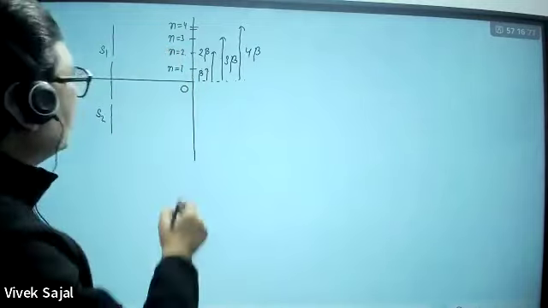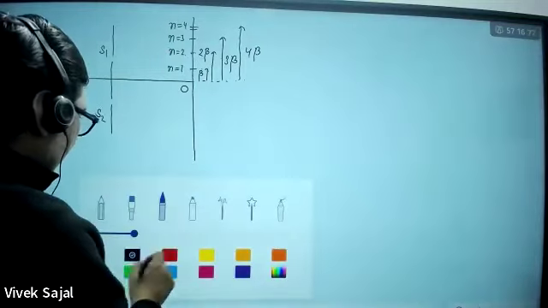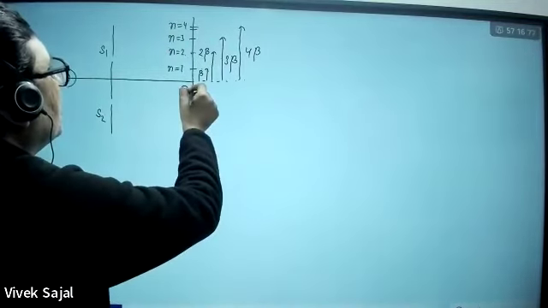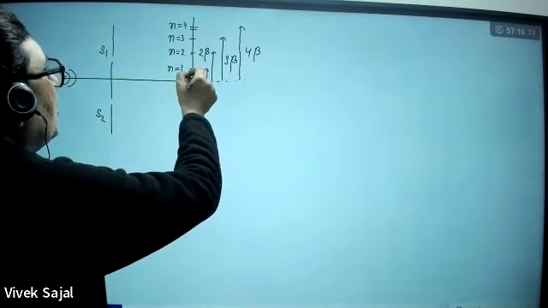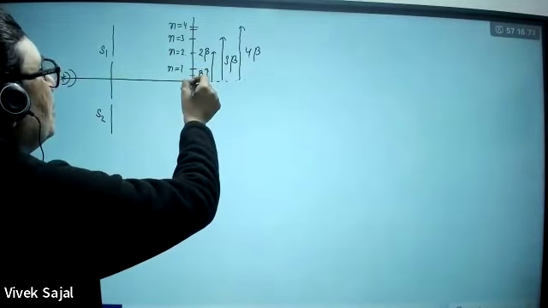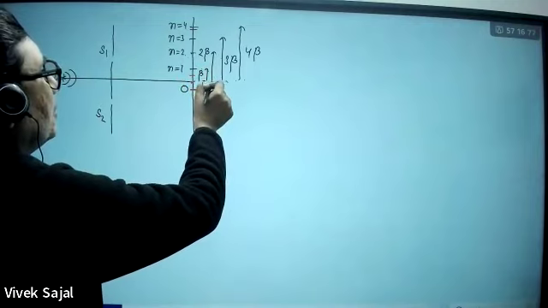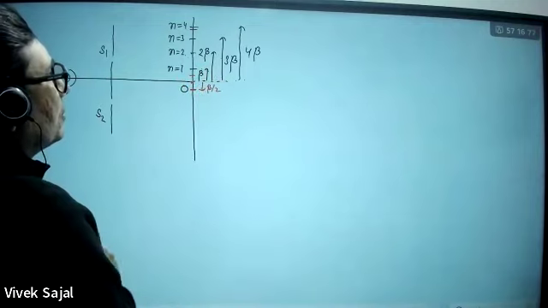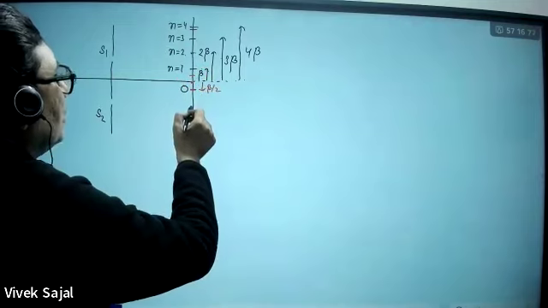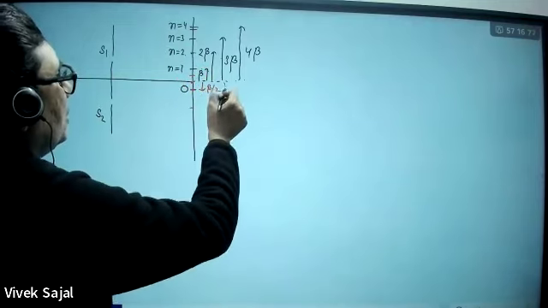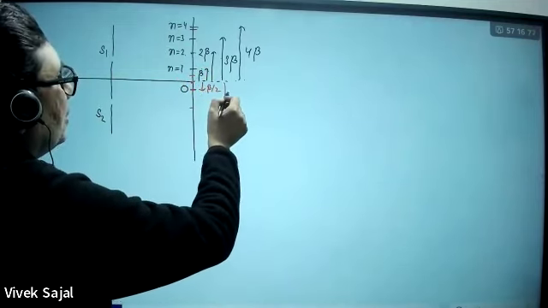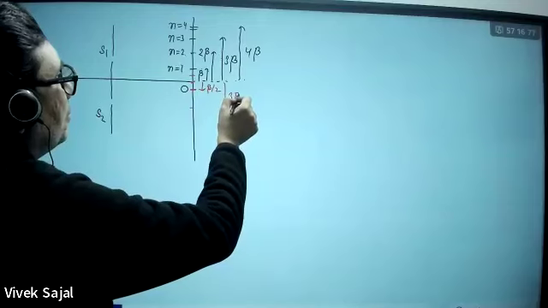If this is the first order minima, then the separation between O and this point will be just beta by 2. If here you are having the second order minima, this will be 3 beta by 2.